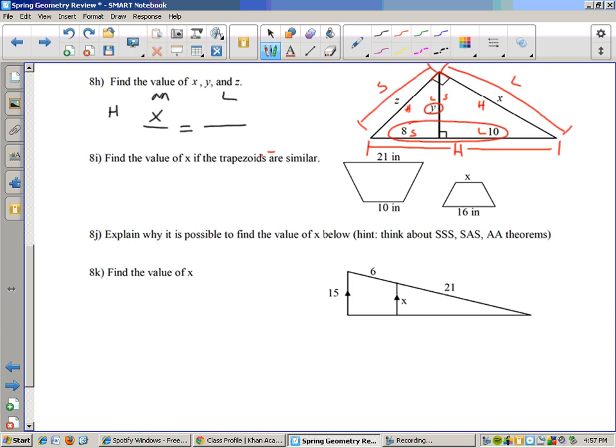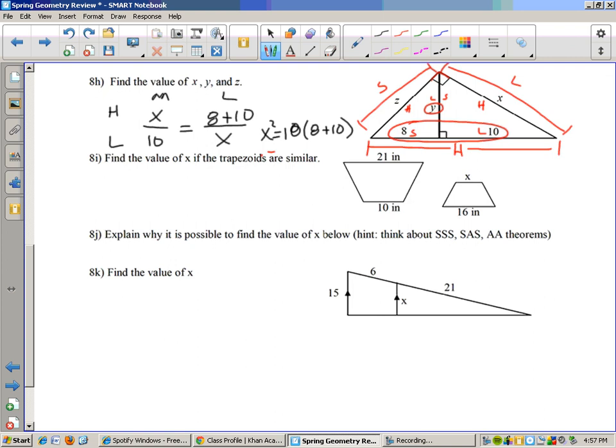The hypotenuse of the large triangle is going to be 8 plus 10, okay? The hypotenuse, and then that's going to lead me to the long side in the medium triangle is 10, and the long side in the hypotenuse is going to be x. All right, cross multiplying, you're going to end up getting x squared equals 10 times 8 plus 10.